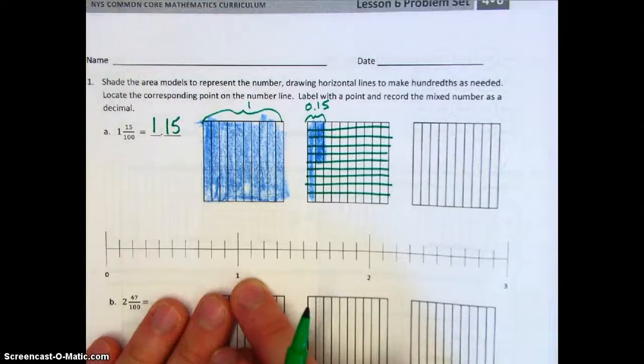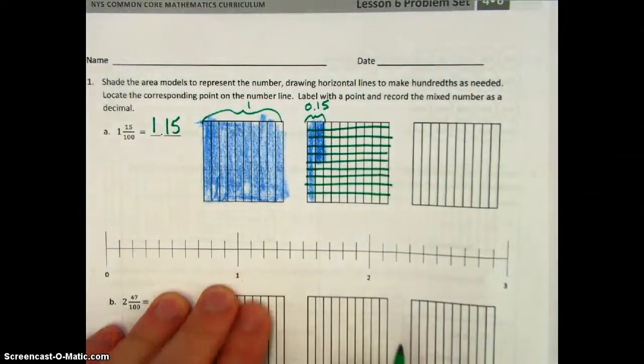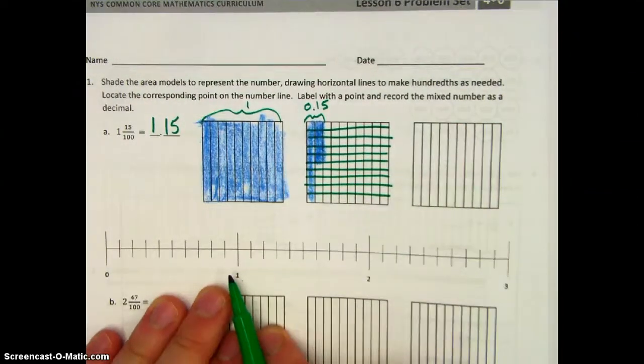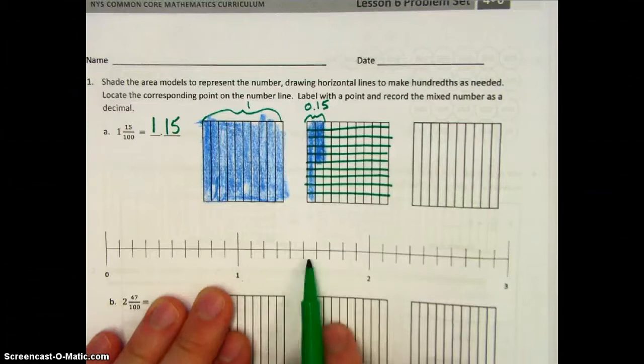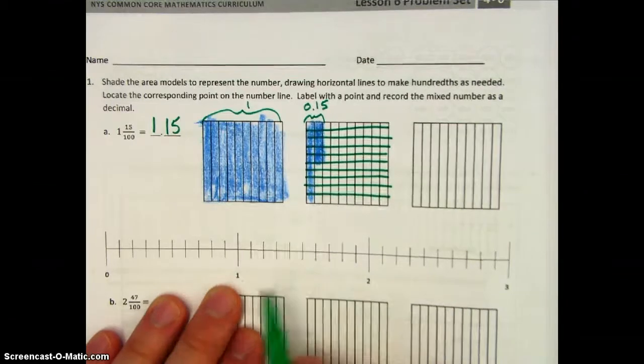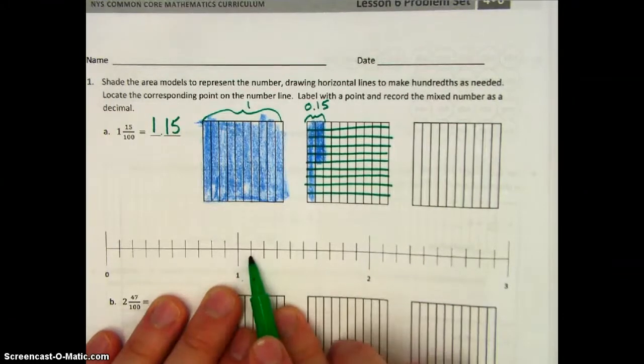Now here's where it might get a little bit tricky, because if you notice, we're more than 1, but there's only 10 sections between 1 and 2, which means each of these lines represents a tenth. So now you see that we have 15 hundredths.